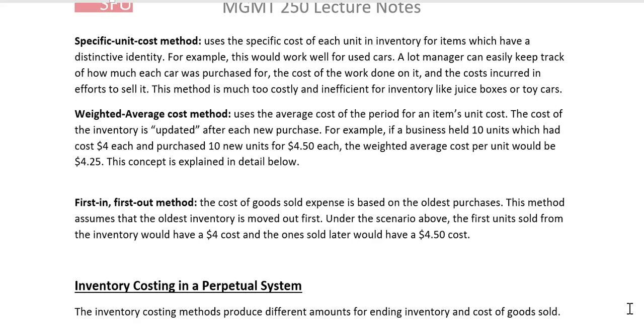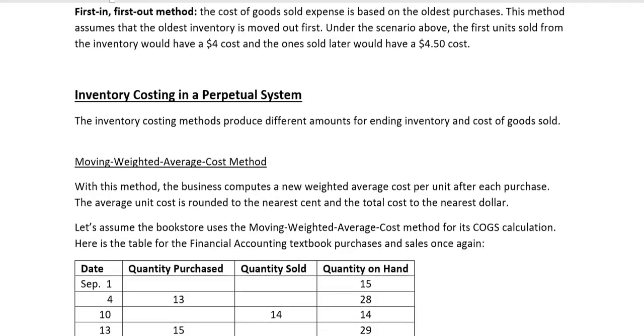So even though this might not be the reality, where a customer might pick up a new item which you bought more recently, we assume that the oldest inventory moves out first. And in practice, that's a pretty accurate statement. A store would typically tend to put older items on the shelves and wait for them to run out before the new ones are brought out from the back. You don't want things sitting around for too long.